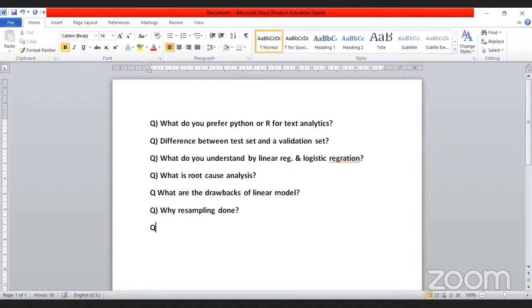Okay, the next question is: what is regularization, and what kind of problems does regularization solve?